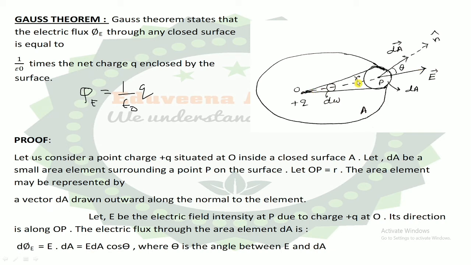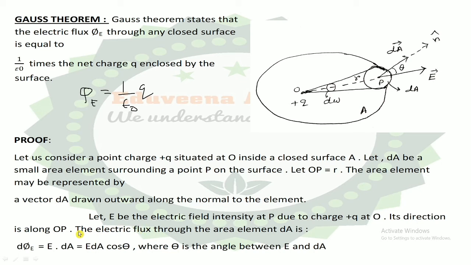So E is equal to 1 by 4 pi epsilon naught Q by R square R cap. The line joining O and P is R, so the direction of E is R cap.